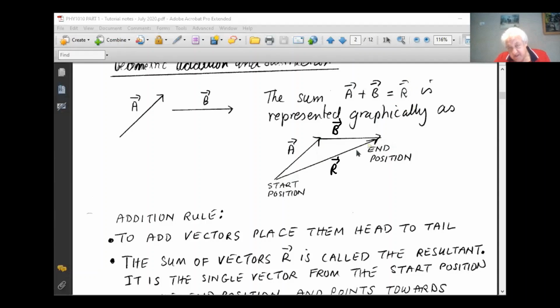The resultant vector is a single vector that takes me from the same start position to the same finish position. So if you imagine walking from the start point, follow the vector A, then follow the vector B, we end up here. The resultant is the vector which takes you straight from the start position to the end position.